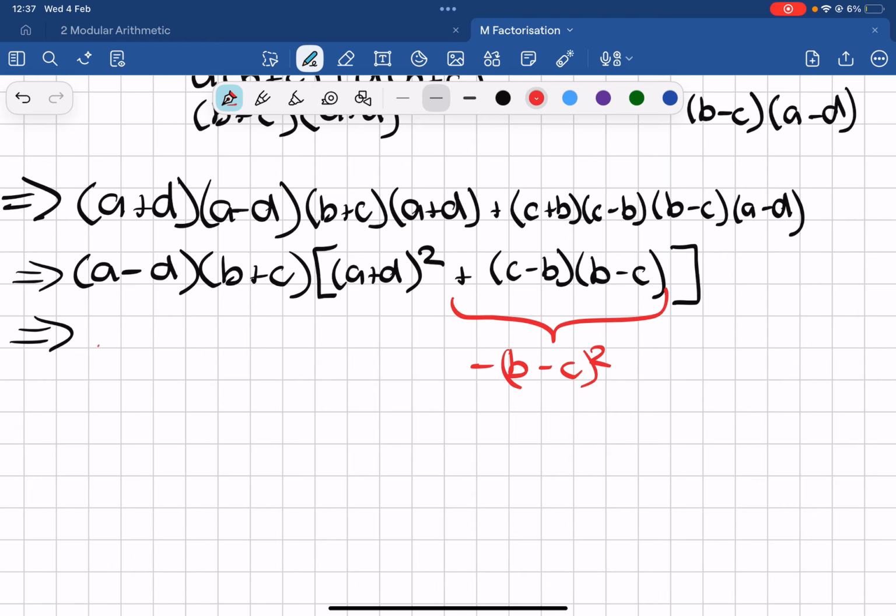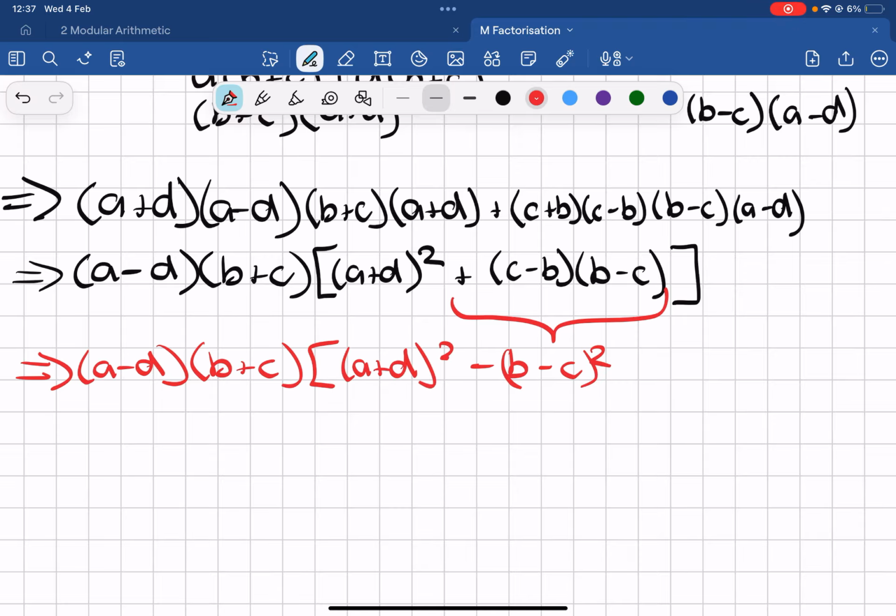Then you factor out the rest: a minus d, b plus c, a plus d squared minus b minus c squared.